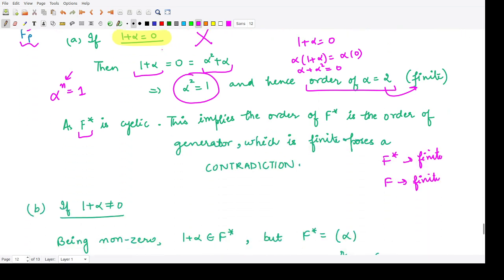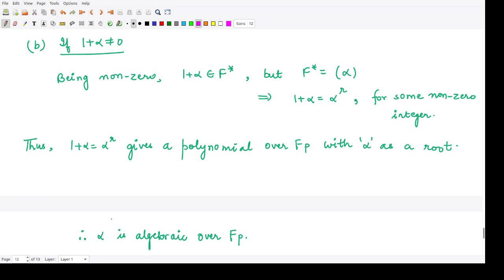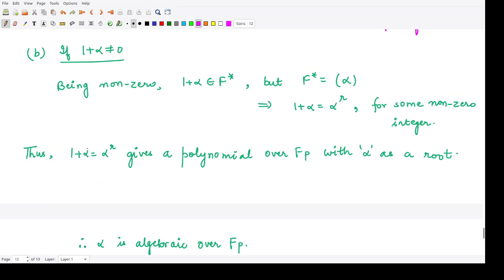So if this is not possible, let us assume the element 1 plus alpha is not equal to 0. So what is this element? Because this is a non-zero element, so obviously alpha, where was alpha?